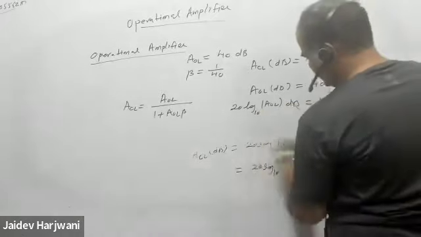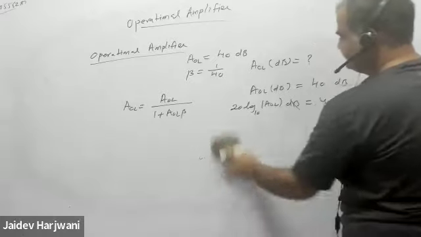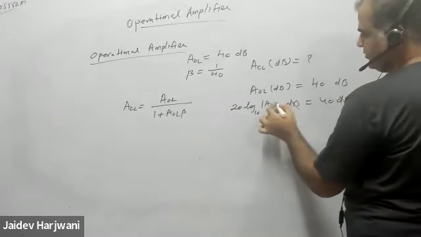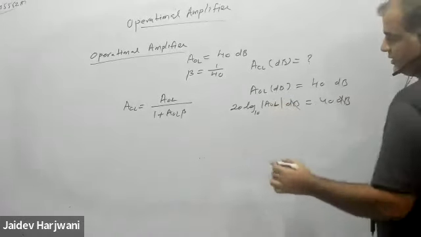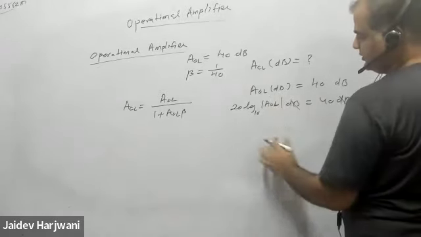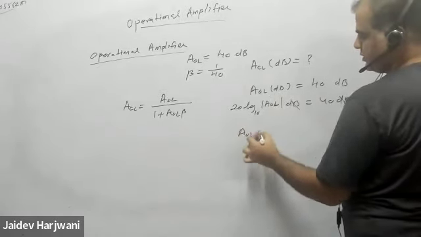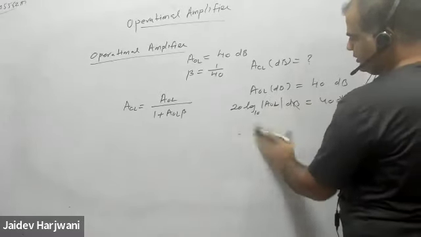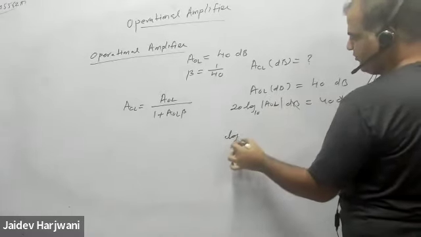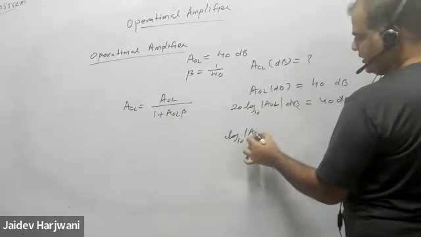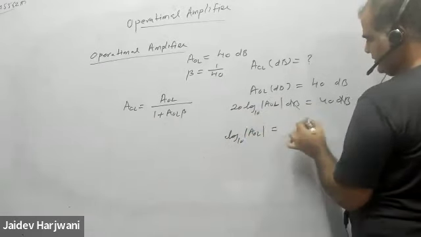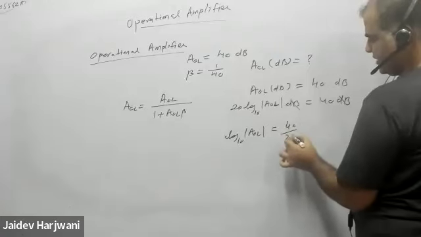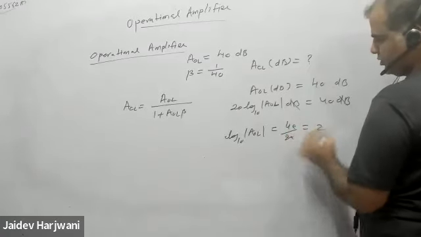Now this will give you the actual number of the open loop gain. Your AOL: 40 equals 20 log of AOL, so log of AOL will be 40 divided by 20, that is 2.